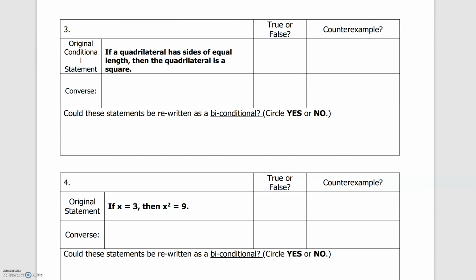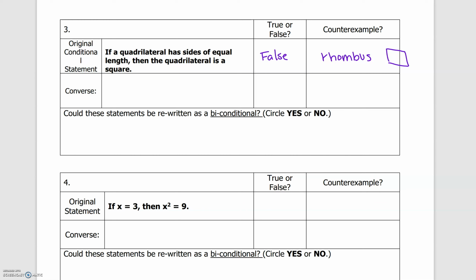If a quadrilateral has sides of equal length, then the quadrilateral is a square. So that is false, because we could have a rhombus. A rhombus has 4 sides that are equal in length, but it is not a square. So that is false.